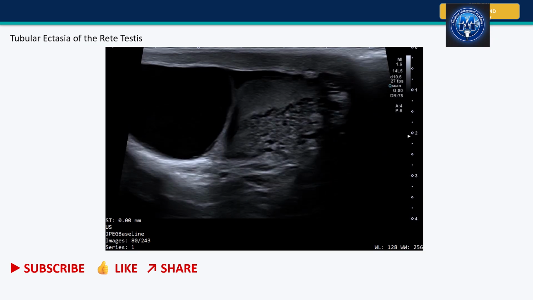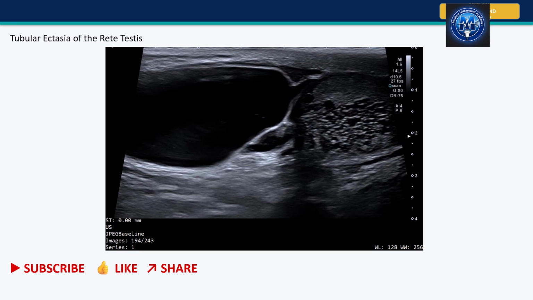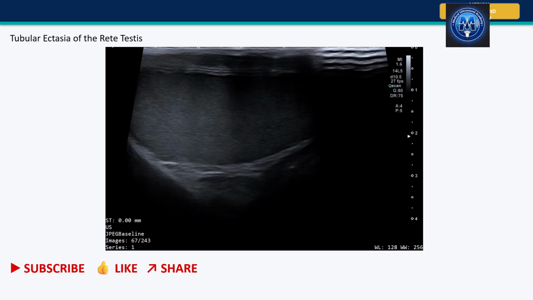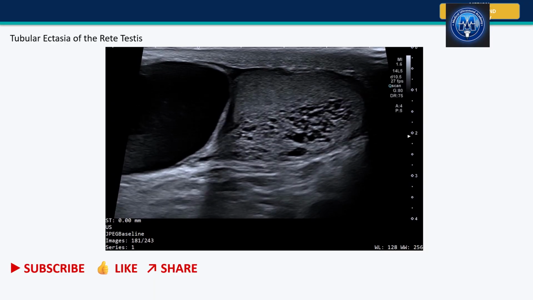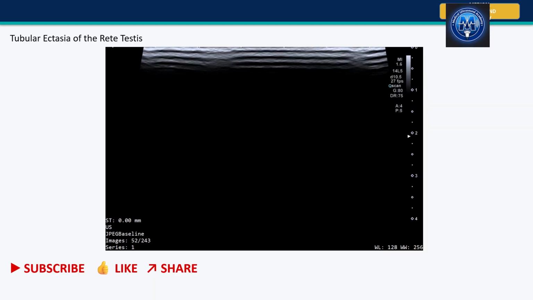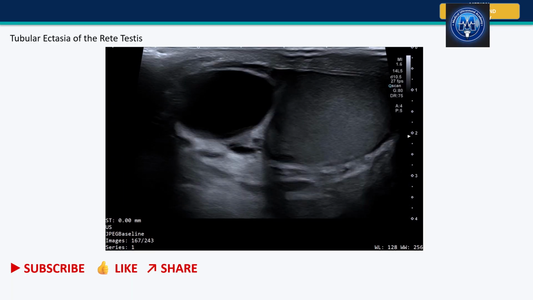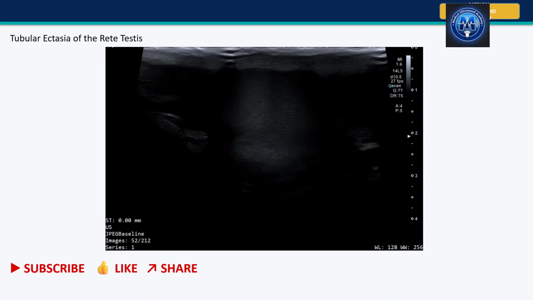But this hydrocele is now causing the compression of the ducts. As you can see here, the ducts are being compressed by the encysted hydrocele, and the Rete Testis are dilated. These are the Rete Testis there.